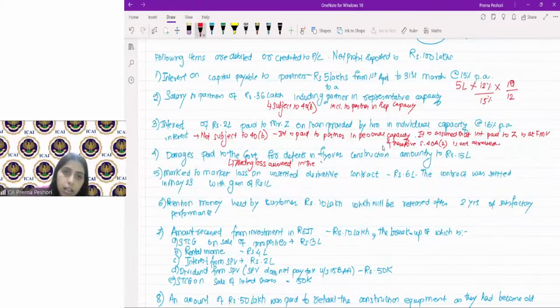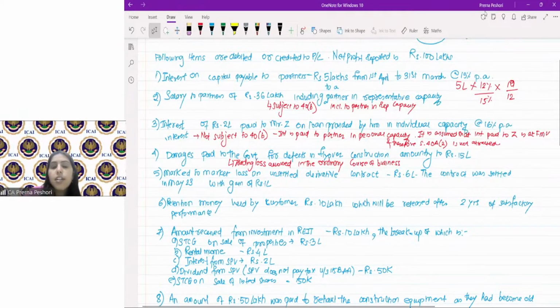Allowed in the ordinary course of business. Trading loss allowed under ordinary course of business under section 28(1).